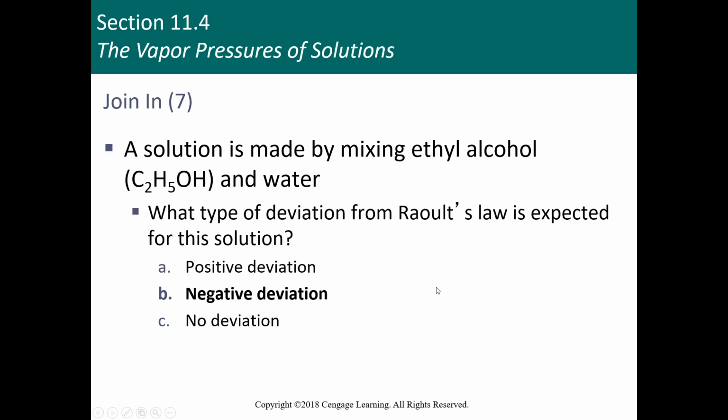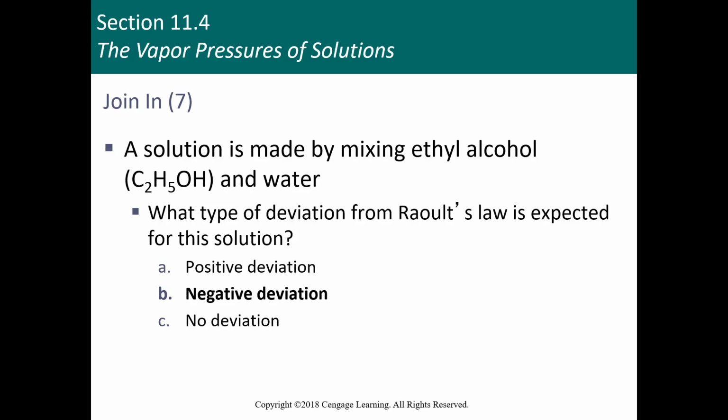By the way, if any of you have ever put Jägermeister or any high alcohol content in the freezer, you will have actually taken part in this demonstration. The reason that those don't freeze when they're in the freezer is because they have a negative deviation from Raoult's law from the pure solvent.